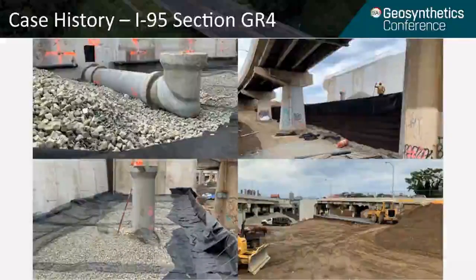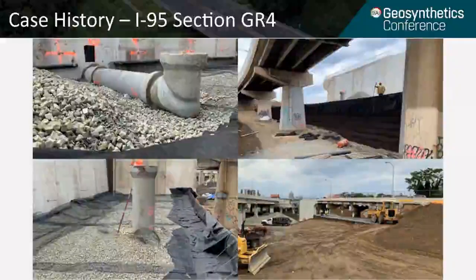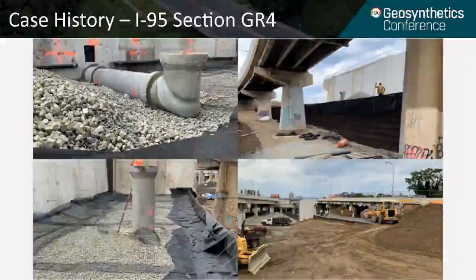In the bottom left, you can see the biaxial geogrid reinforcement that was used, and you can also see that they used a geotextile wrap on that temporary facing so that material didn't fall out of the larger openings of that welded wire mesh.